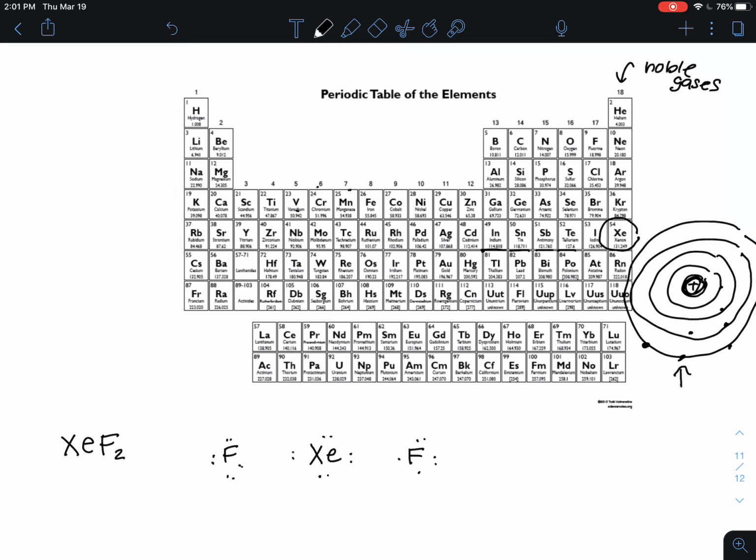Now, how are they going to bond? Well, I know that my fluorine has to bond at least once to the xenon and then the other fluorine to the xenon. So, taking one of the pairs to bond to one fluorine and then the other, you would get something like this.